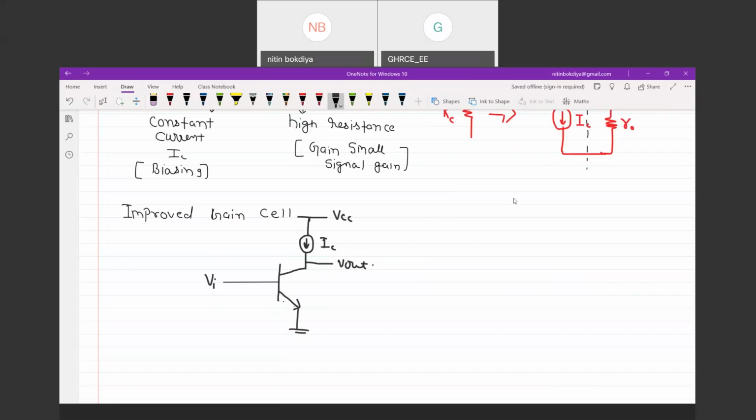This is V out. So can I say the gain of this amplifier is minus gm into RO?